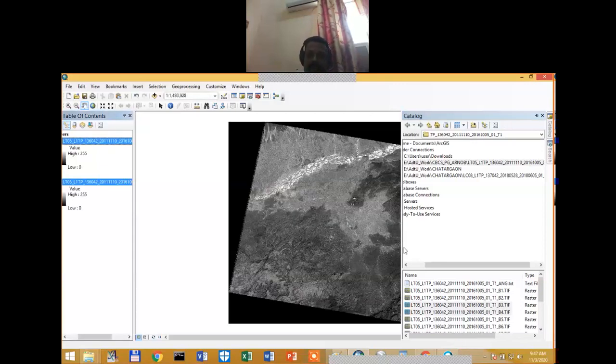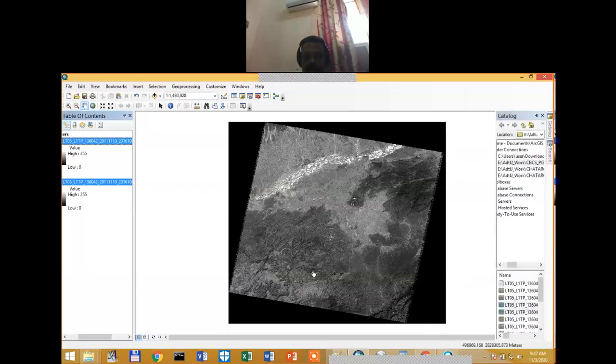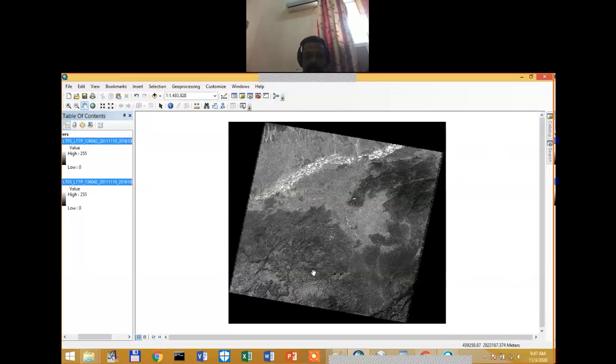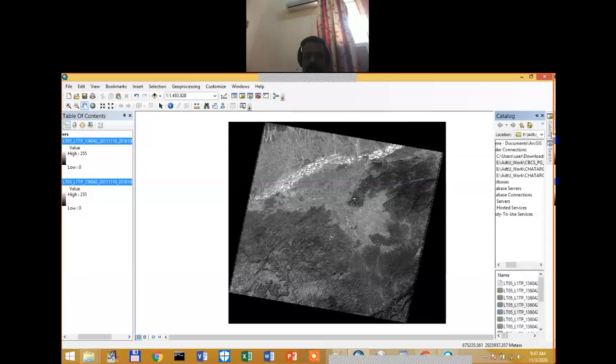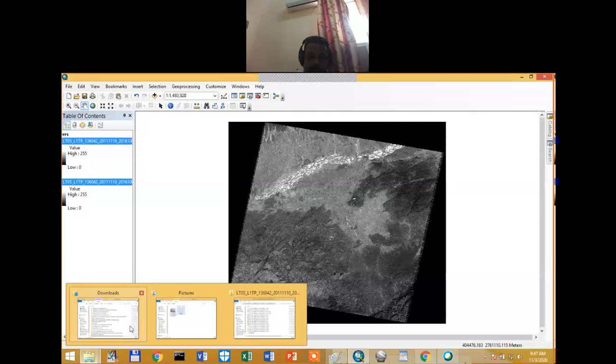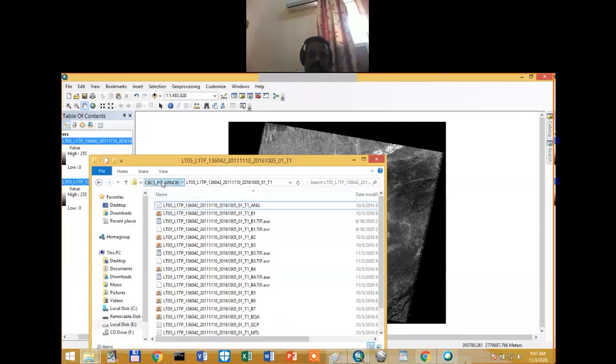Okay, so here we go. This is an image. Normally, it is not having a path. But I have downloaded it, so I just want to show you a little example.